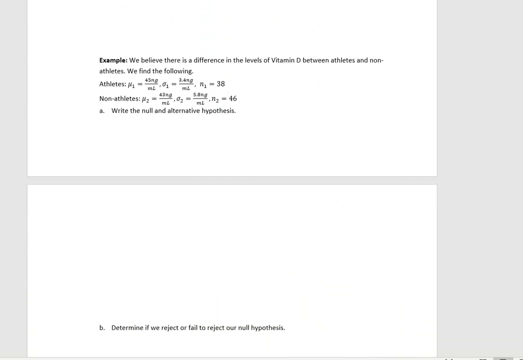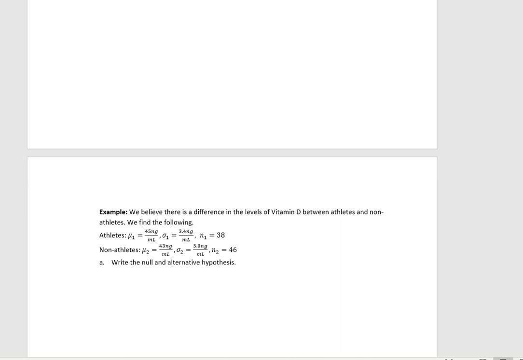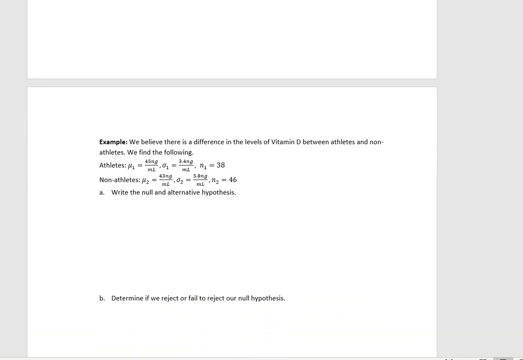All right, let's look at the very last one. We believe there's a difference in the levels of vitamin D between athletes and non-athletes. What we find is the following information. We have their vitamin D levels. What we want to do is find the null and alternative hypothesis.